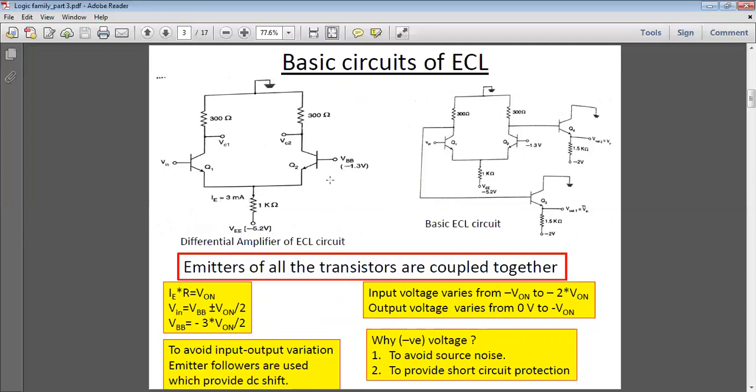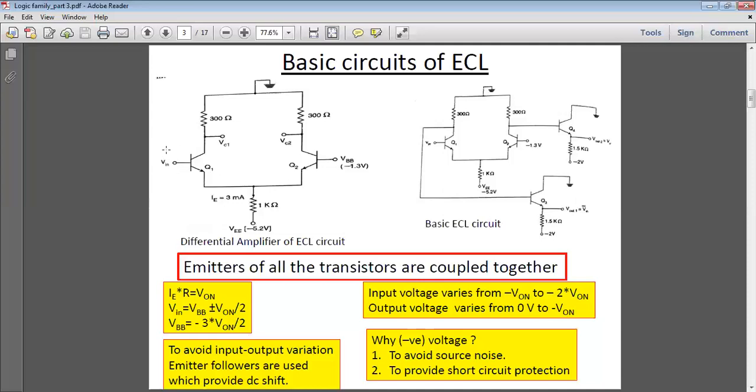Now this Q2 transistor base is connected to a reference voltage of around minus 1.3 volt, and based on the input voltage, which is greater or less than the reference, one of the transistors will be in the active region and the other in the cutoff region.